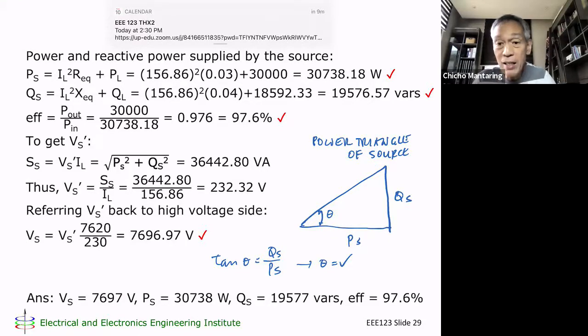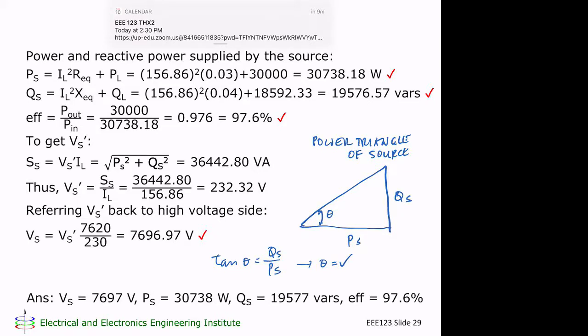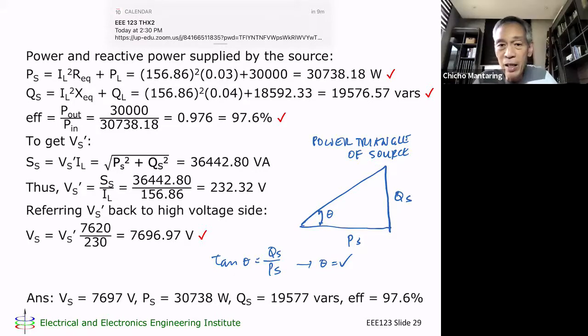You can use power balancing to get angles. But my suggestion is, kung mga phasor quantities ang hinihingi ng problem, you just do the phasor approach. Usually, ang power balancing ginagamit kapag ang hinihingi lang is yung mga RMS values. Pag hindi ka interesado dun sa angles, just the RMS values.